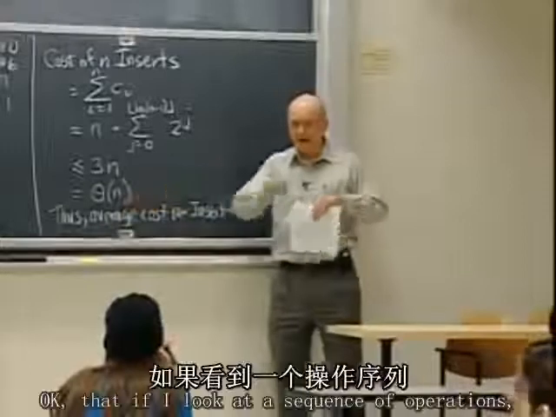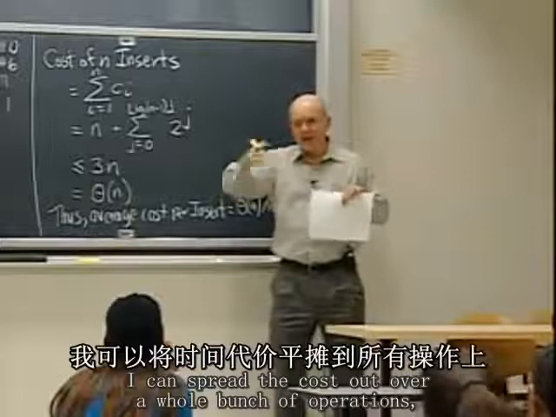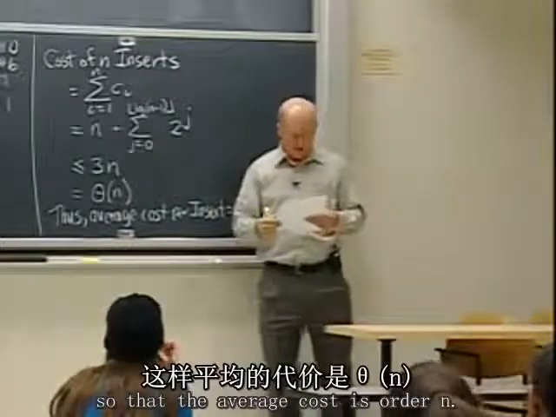That if I look at a sequence of operations, I can spread the cost out over a whole bunch of operations so that the average cost is order 1.